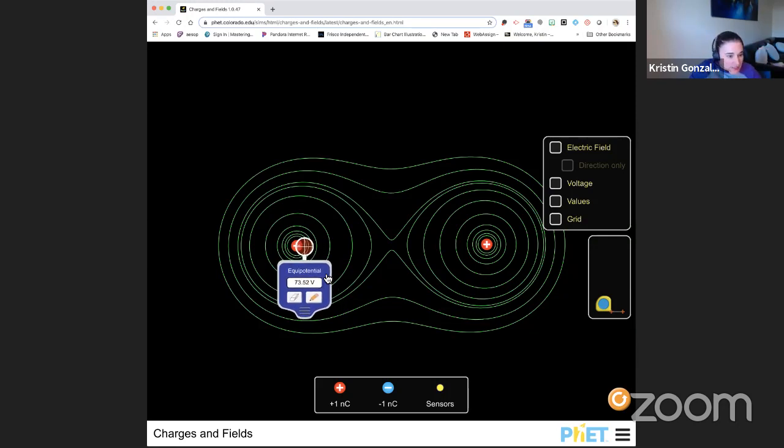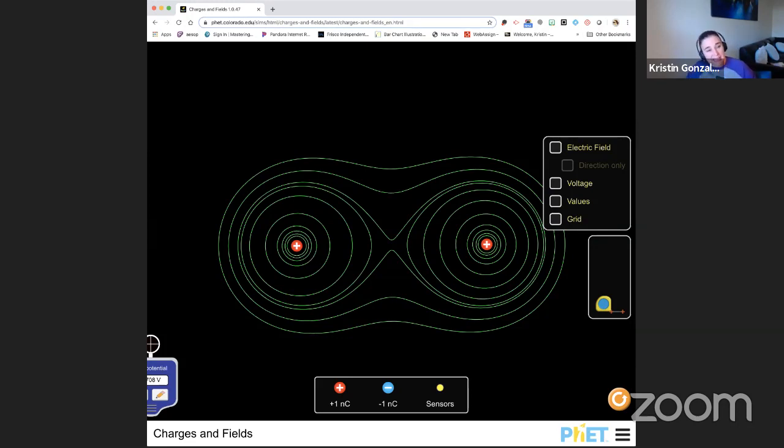So if you notice, as we go out every 10 volts, and I couldn't really go further out here because, again, we have that other charge interacting, those lines are getting further and further apart.